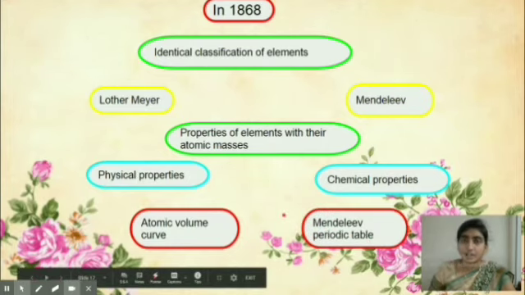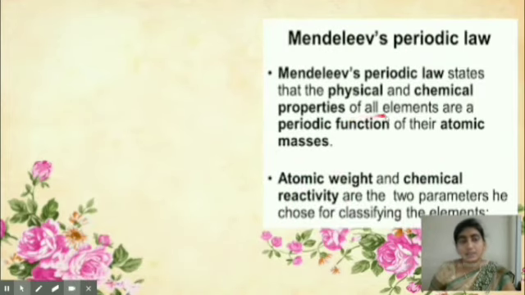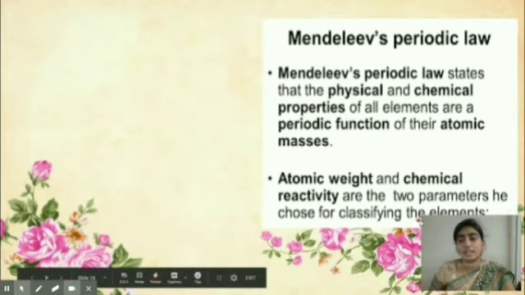Mendeleev's periodic law states that the properties, physical as well as chemical, of all elements are periodic functions of their atomic masses. Atomic weight and chemical reactivity are the two parameters he chose for classifying the elements.